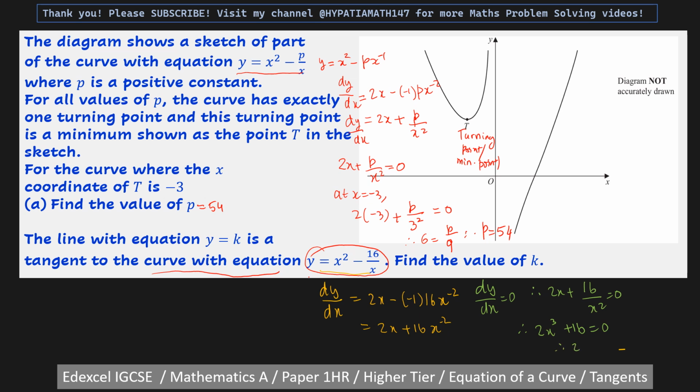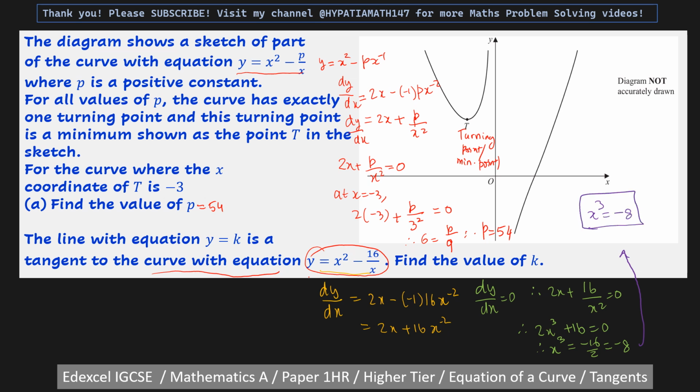So therefore 2x cubed is minus 16, and therefore we'd have x cubed, not x squared, is equal to minus 16 over 2, and that is minus 8. So x cubed is minus 8.